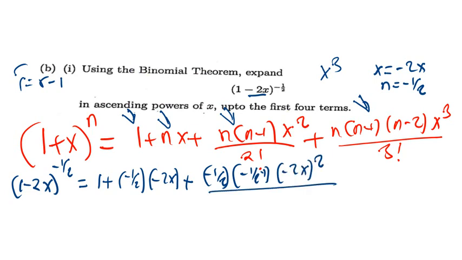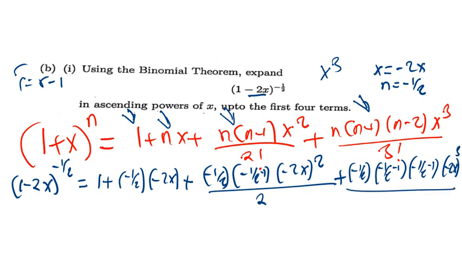I divide that by 2 factorial, which is 2 times 1, which is just 2, plus, okay, so plus, what is my n? Negative half, then again negative half minus 1, again negative half minus 2, then negative 2x raised to the power 3. I divide this by 3 factorial, which is 3 times 2 times 1, which is 6.